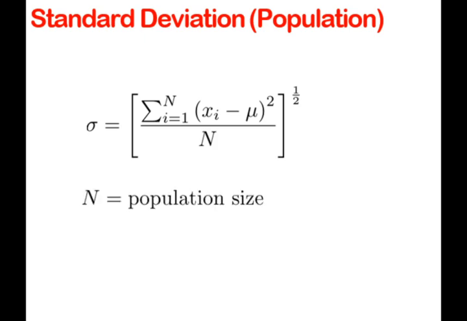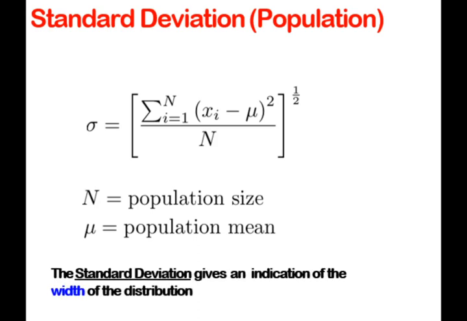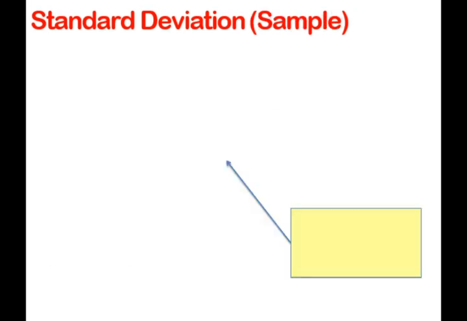So in the standard deviation formula, n is the population size, mu is the population mean, and the standard deviation gives us an indication of the spread of the distribution. But what's the difference between that and the sample standard deviation?